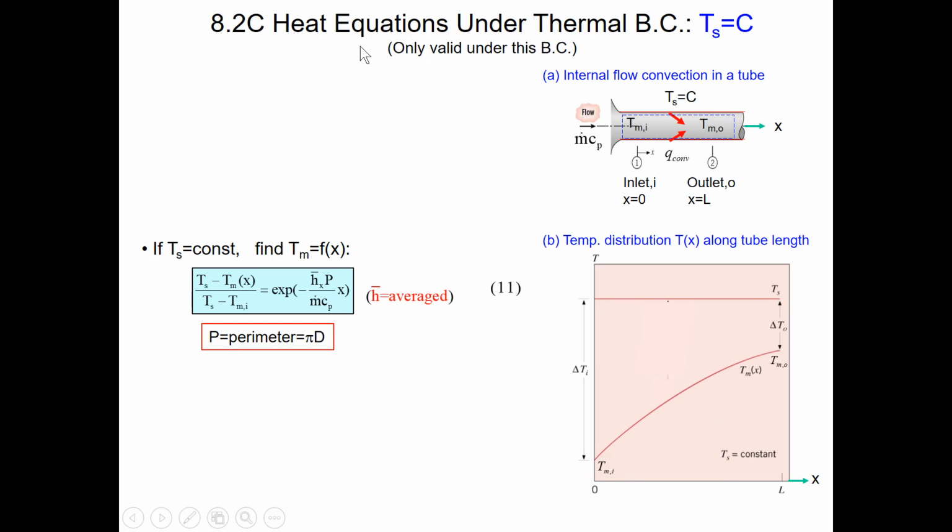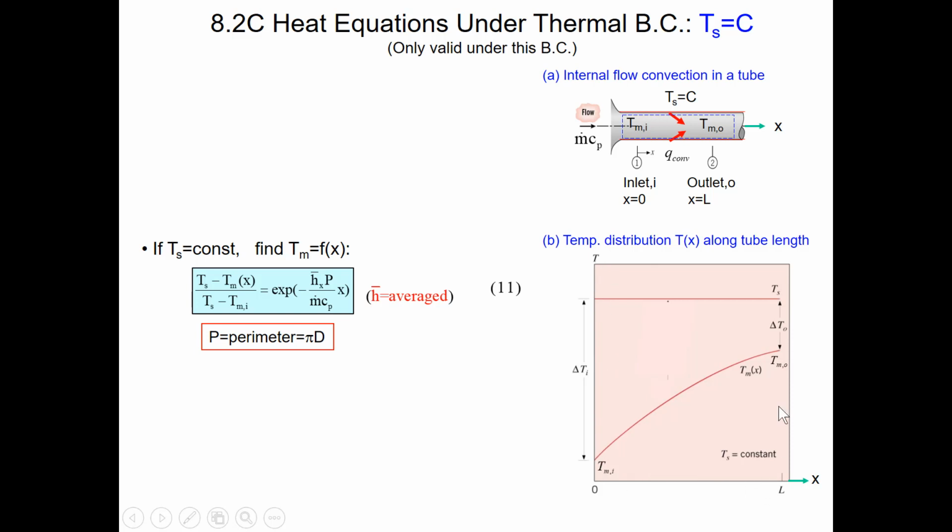C. Heat equations under the thermal boundary condition of constant surface temperature. It indicates that those heat equations are only valid under this thermal boundary condition. This is our system with constant surface temperature, Ts.